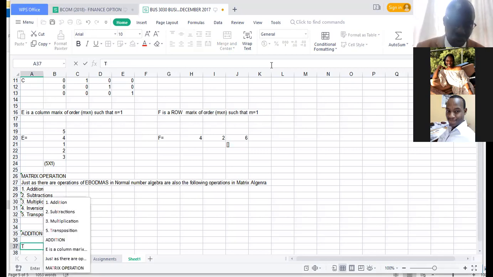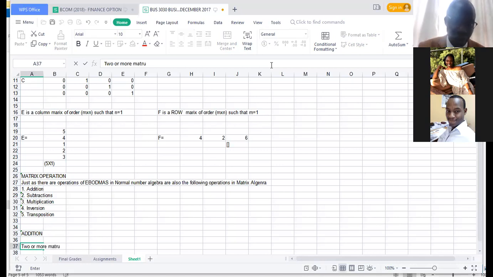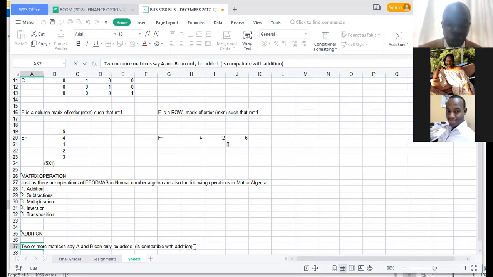Two or more matrices, say A and B, can only be added, which is the same as saying they are compatible with addition, if they are of the same order.